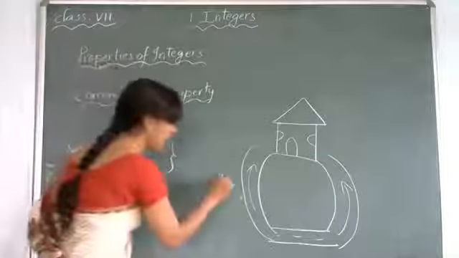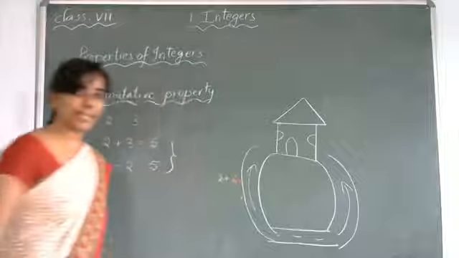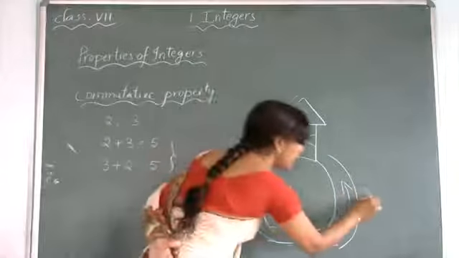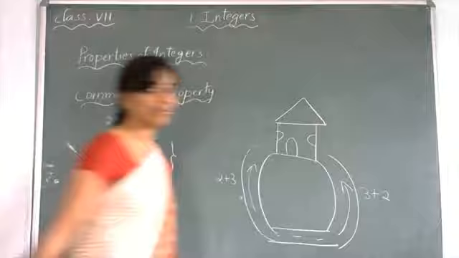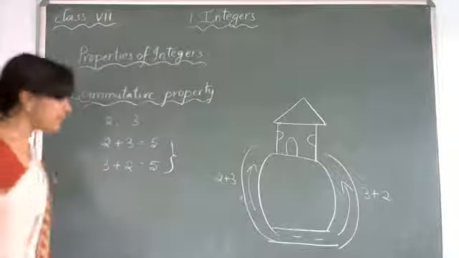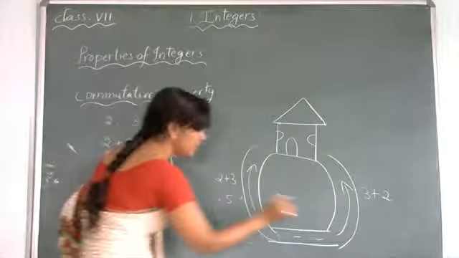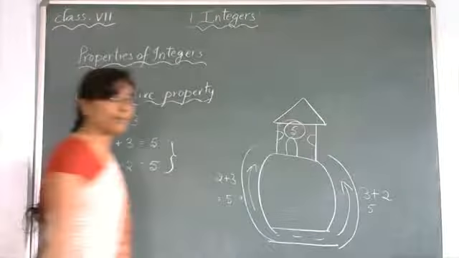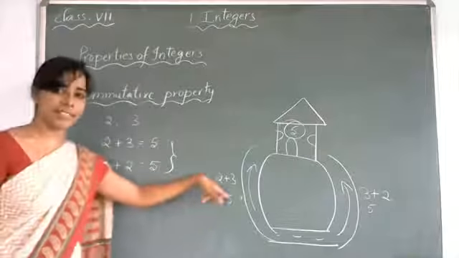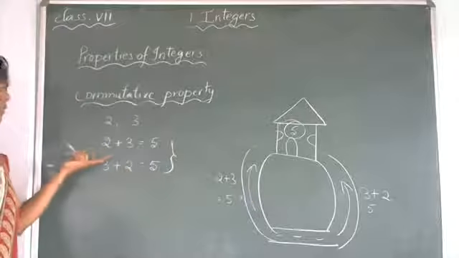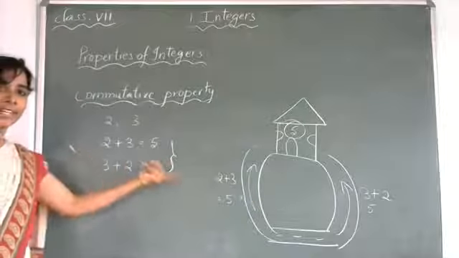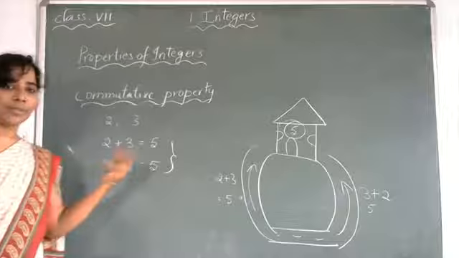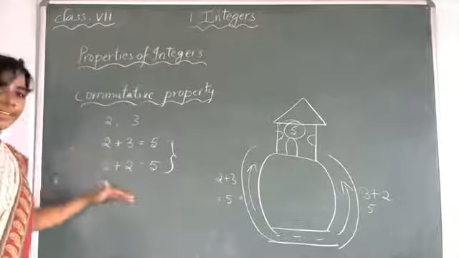Here I added 2 plus 3, and in this way I took 3 plus 2. The answer is the same, 5. The destination is the same, but the way is different. So in any order we add two integers, the result is the same. This is the commutative property under addition.